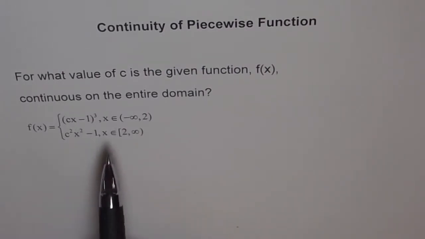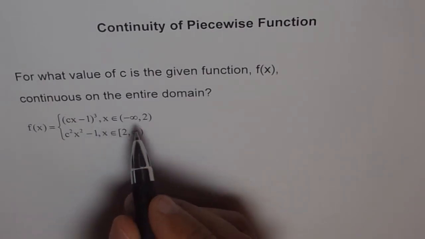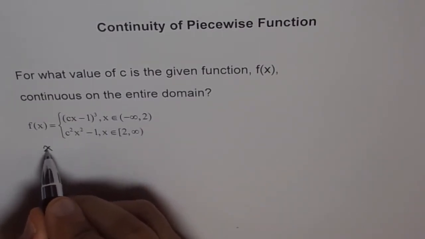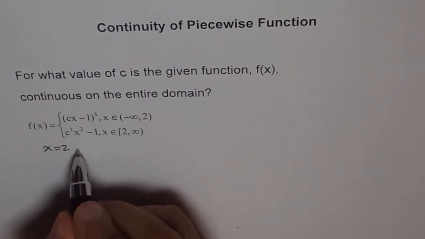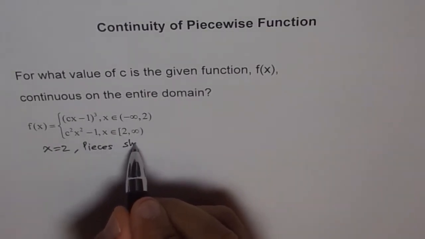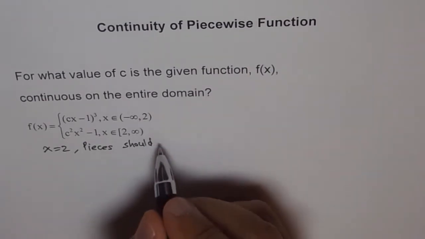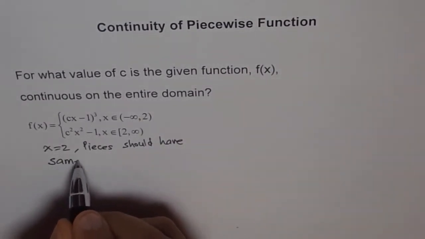So what we need to do here is, at x equals to 2, the two parts should match. Pieces should join together and have the same value, right?